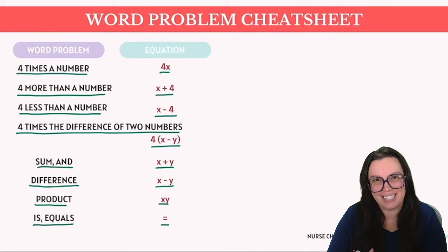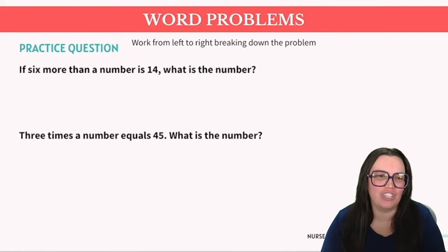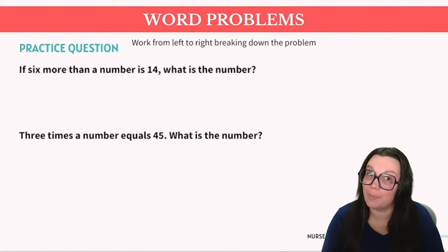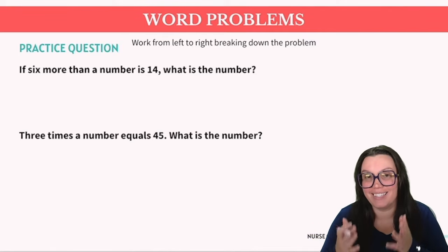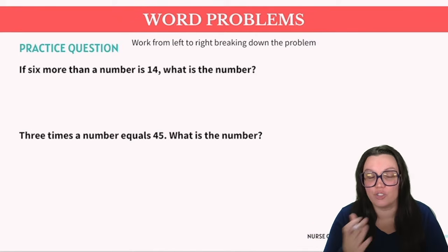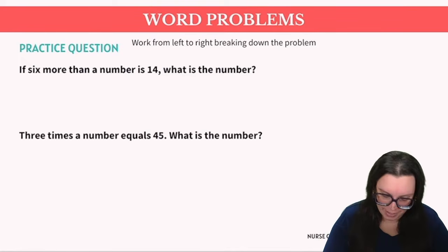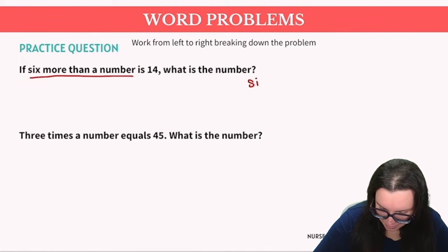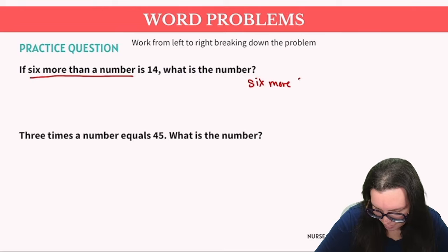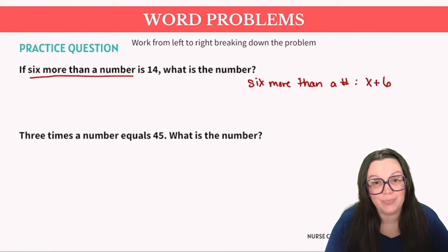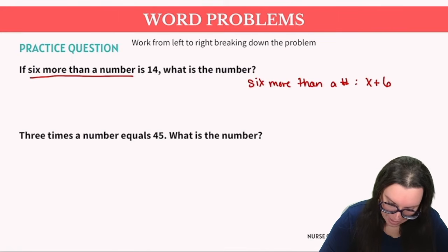Let's take a look at some examples. Our first practice question is, if 6 more than a number is 14, what is the number? Let's break this down, starting from the left and working our way to the right. 6 more than a number is x plus 6. Then we have the word is, which is just a fancy way of saying our equal sign.